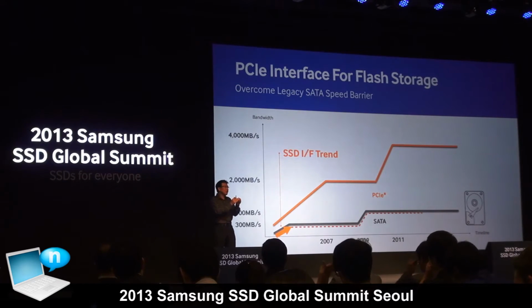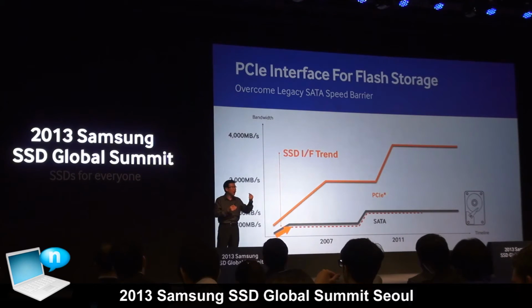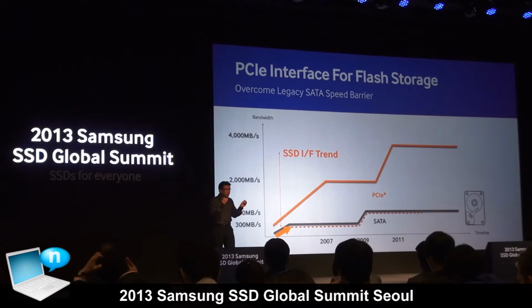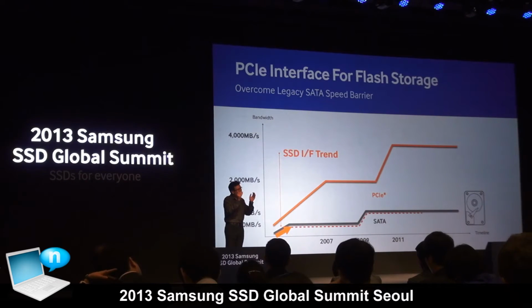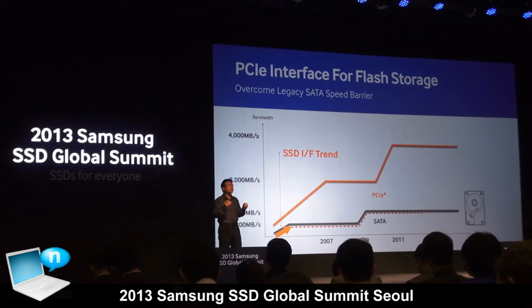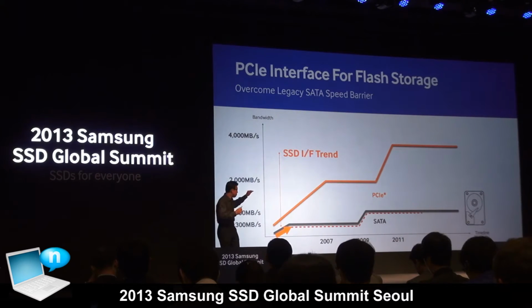A channel is the bus where they can transfer and receive data from controller to the NAND flash memory. If you multiply 400 megabytes per second with 8 channels, it will be 3.2 gigabytes per second potential performance inside of SSD, which is bottlenecked by SATA interface.